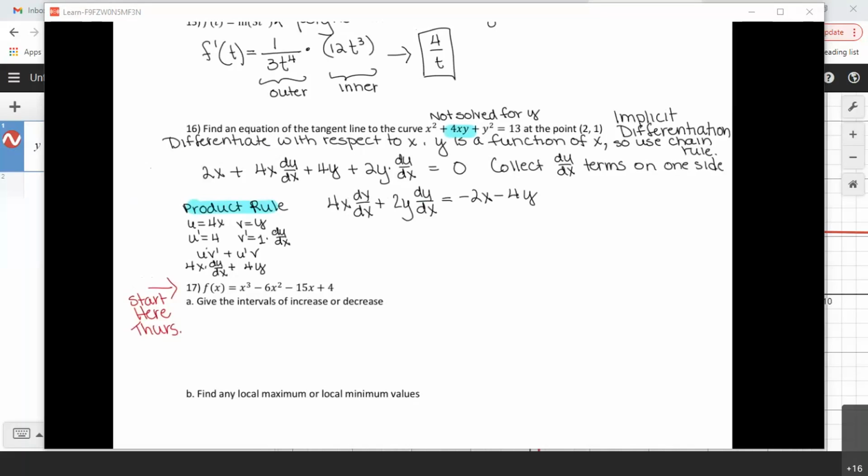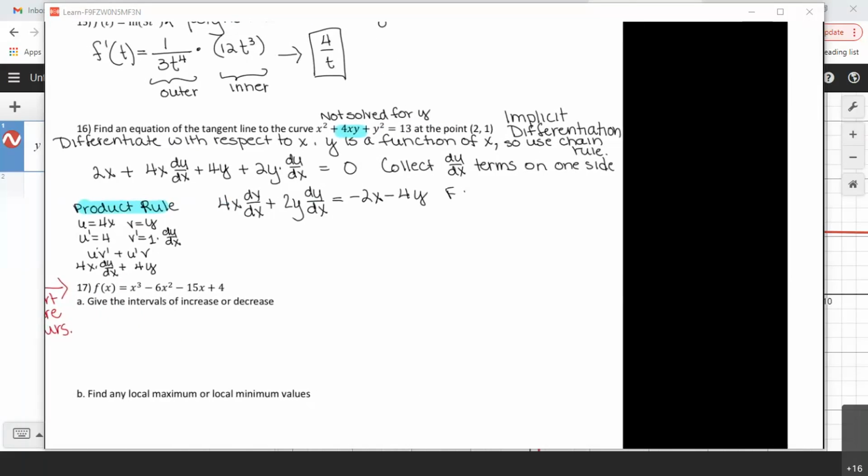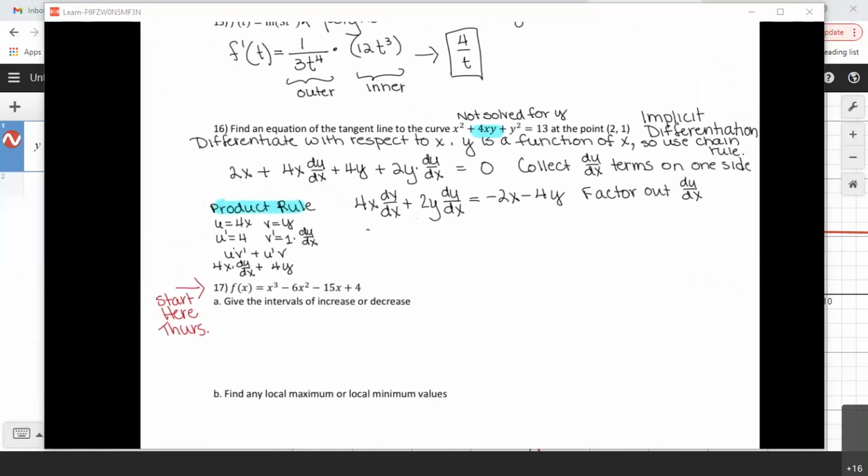Then factor out dy dx: 4x plus 2y, equals minus 2x minus 4y.